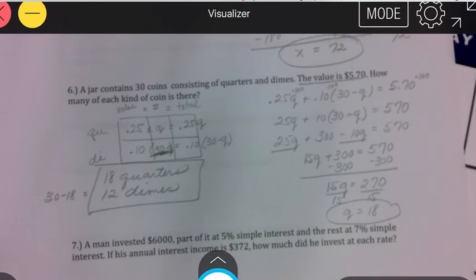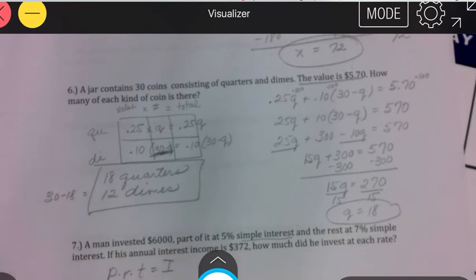Now problem number 7 is very similar to problem number 6. Simple interest is if you have principal times rate times time, that is going to be equal to your interest. T is your total time, and in this case it's 1 year.